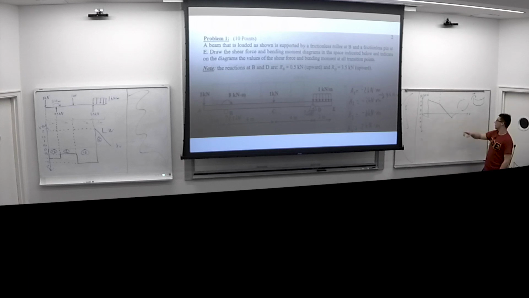Similar to the V diagram, you have to finish at 0. Again, if you didn't finish at 0, you did something incorrectly. The areas from the V diagram are what denote the changes in moment. And be careful to make sure that your slope matches the concavity. So a negative slope is concave down, positive slope is concave up. And then don't forget that this is your sign convention, and it's pretty different than what you had seen up until now. So that's it for these.